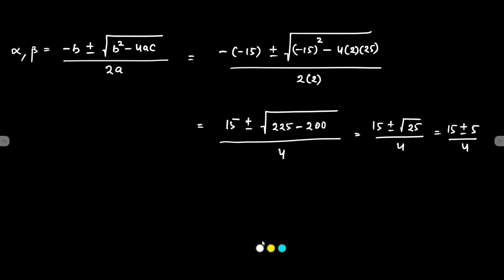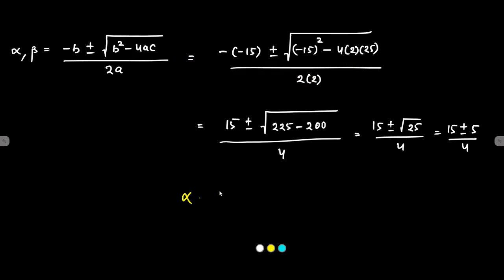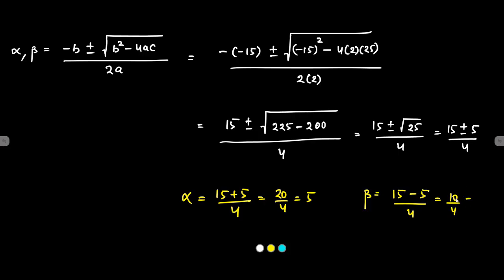So here the two roots are, one is 15 plus 5 by 4, which is equal to 20 by 4, which is equal to 5, and the other one is 15 minus 5 by 4, which is equal to 10 by 4, which is equal to 5 by 2.